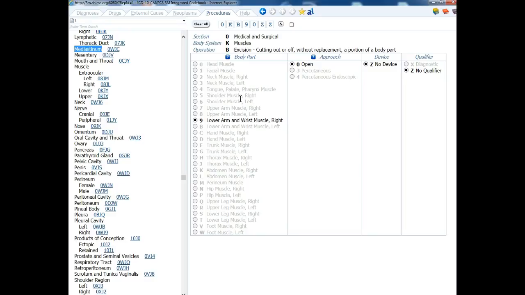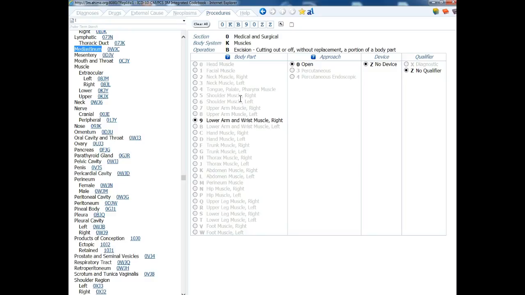Now let's look at bypass procedures. B3.6a. Bypass procedures are coded to identify the body part bypassed from and the body part bypassed to. So we want to know where we bypassed from and where we put it. When we bypassed, where did we take it?